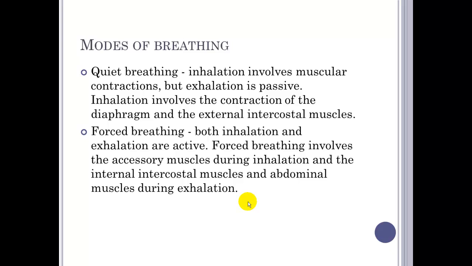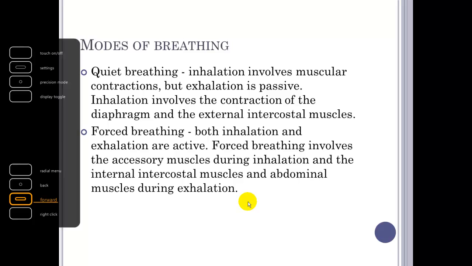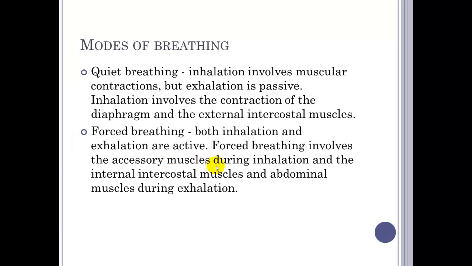So instead of the passive process of the air just escaping from the lungs, in forced ventilation we'll see that the exhalation is active, so that they'll actually be forcing air out. They're going to use extra accessory muscles to facilitate this: intercostal muscles and abdominal muscles during exhalation, to actually get the air out.